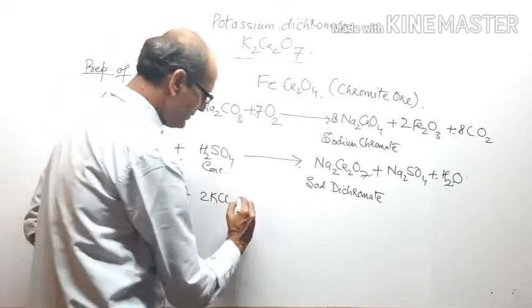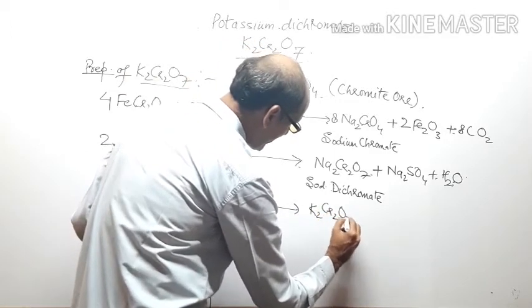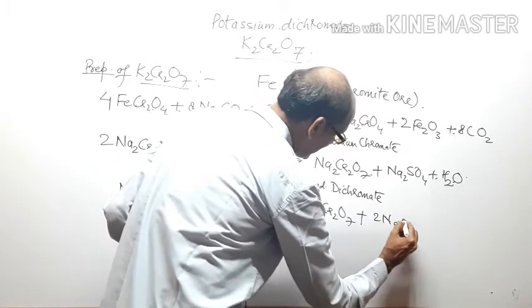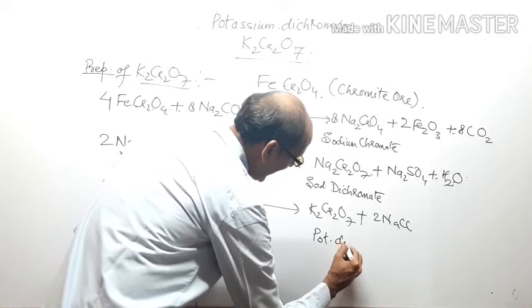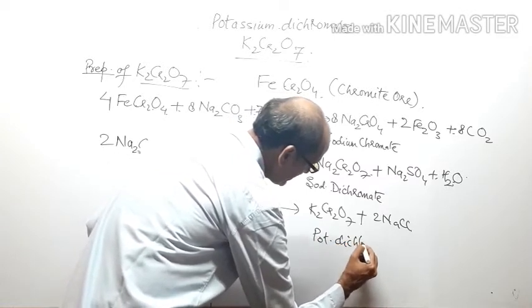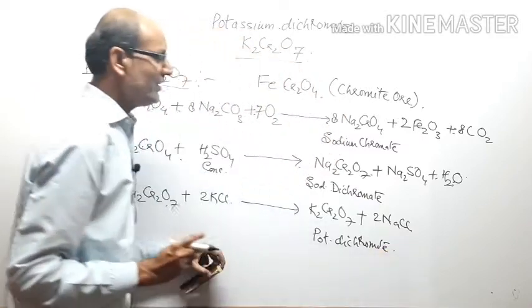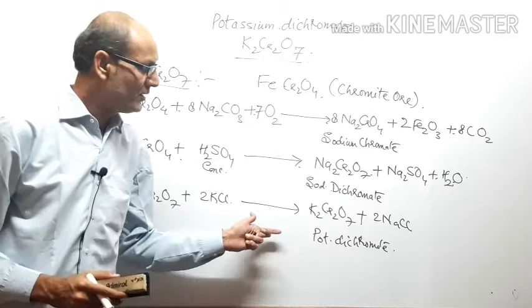So we get K2Cr2O7 plus 2NaCl. This is potassium dichromate. In this way, we can manufacture potassium dichromate.